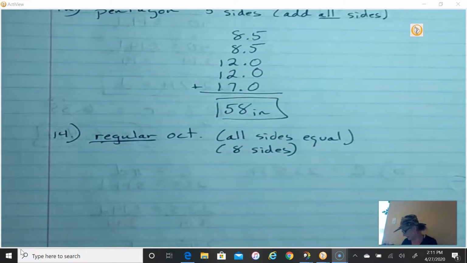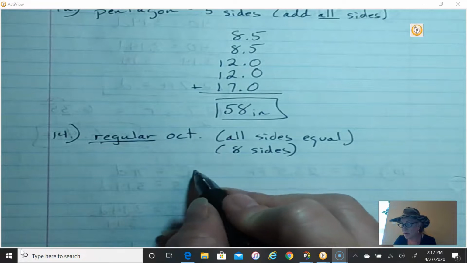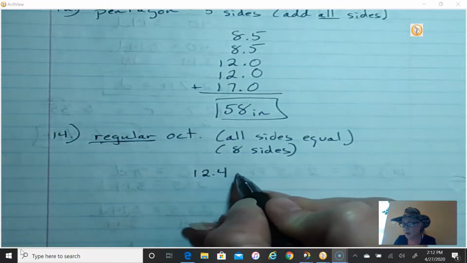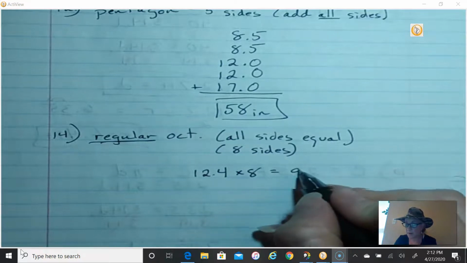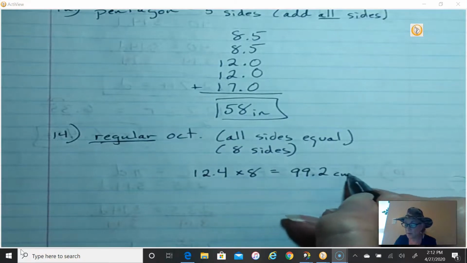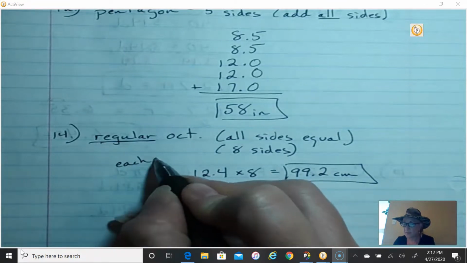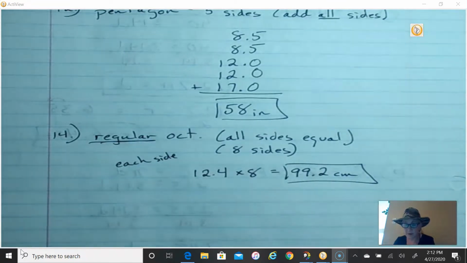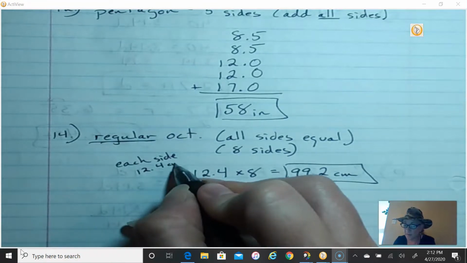There's 8 sides, and it says each side is 12.4 centimeters. So all you do is 12.4 times 8. You get 99.2 centimeters.